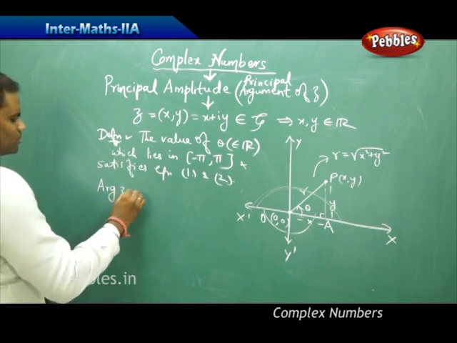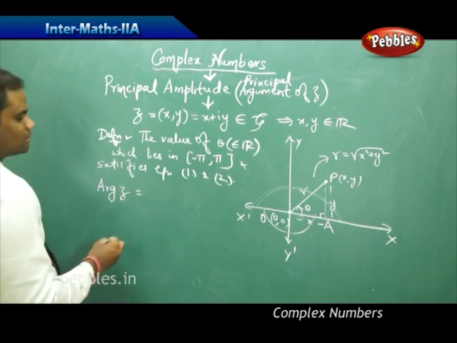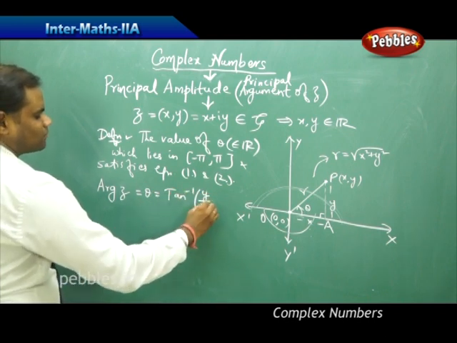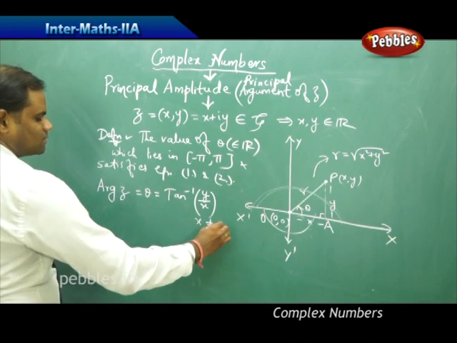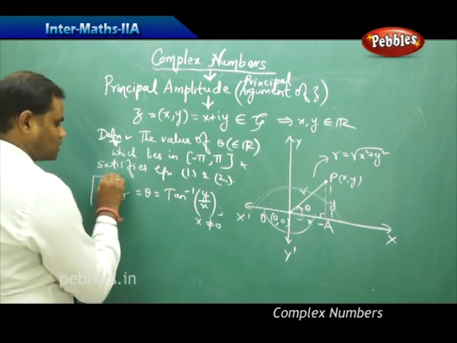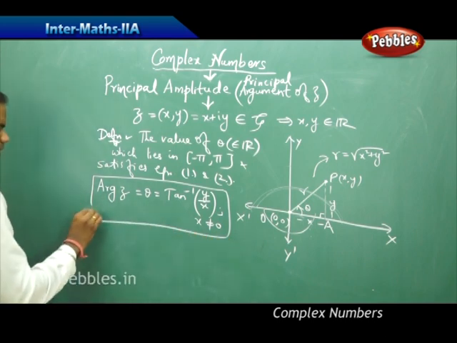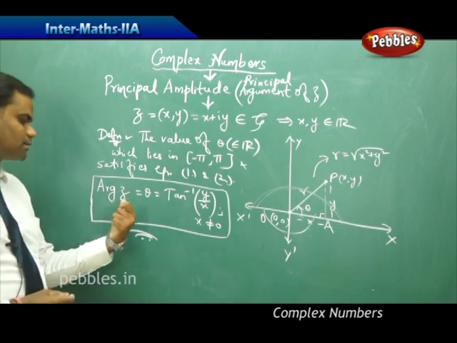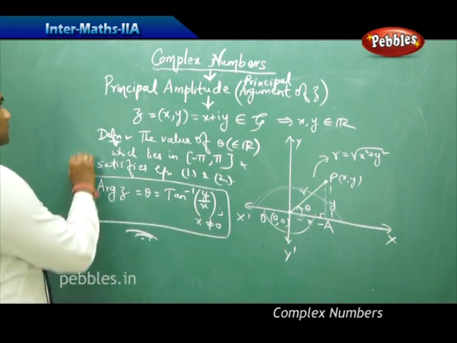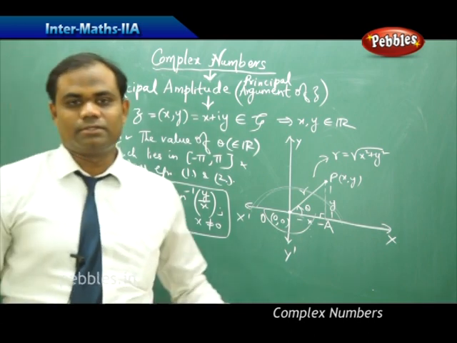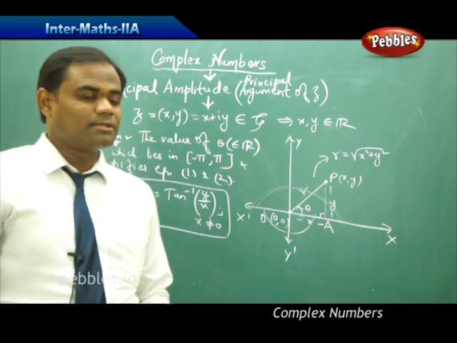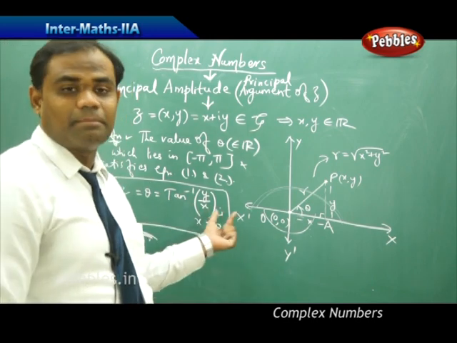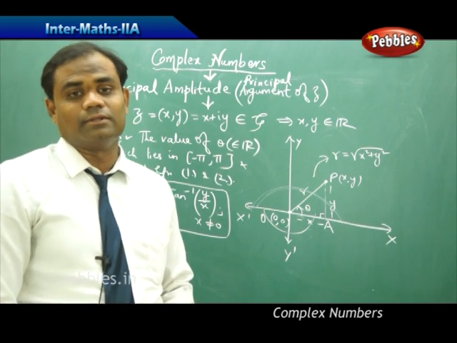So the principal amplitude is denoted by arg z and is nothing but theta, which is given by the formula tan inverse of y by x, where x is not equal to 0. That is how we define the principal amplitude or the principal argument of Z, denoted by arg z equal to theta. So when any problem is given, it is about just substituting the values of x and y, the real and the imaginary part, and then simplifying accordingly.